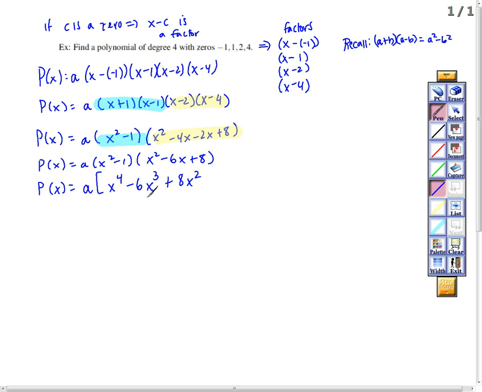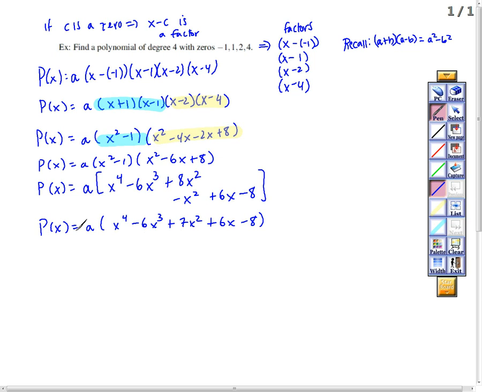Now I'm going to go ahead and just write these below to line them up. This is -1 times x squared is -x squared. -1 times -6x is plus 6x. And -1 times 8 is minus 8. So I have p of x equals a times x to the 4th minus 6x cubed plus 7x squared plus 6x minus 8.